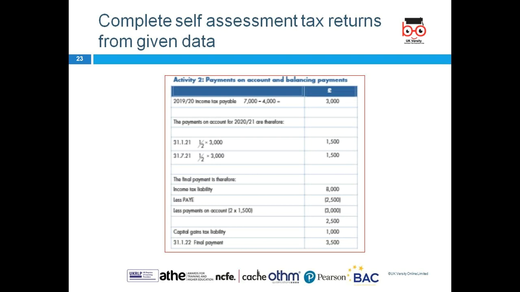The final payment can be 3,500, 25 plus 1,000, and we need to make up to that point. Any question here?